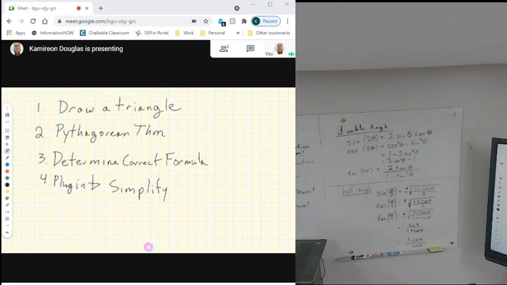The ones where you're given a trig ratio and you have to find a new one. So we've done that a few times before, but these have been the same things just every time. By the way, for future reference, these are great trig steps in general. Like, if you're not sure what to do, this is a good place to start. Draw a triangle, use Pythagorean's theorem, and then see if you can find a formula from there.